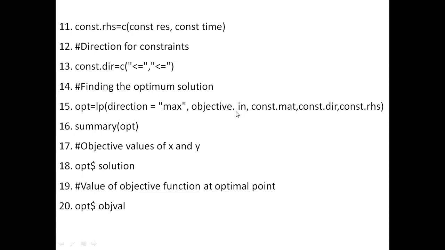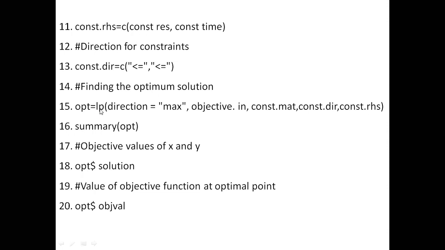The objective function is the initial step that has been given. By considering this constraint mathematics, the equation matrix generation, the direction generation, and the RHS terminology, we have to obtain the optimum solution by performing linear programming.